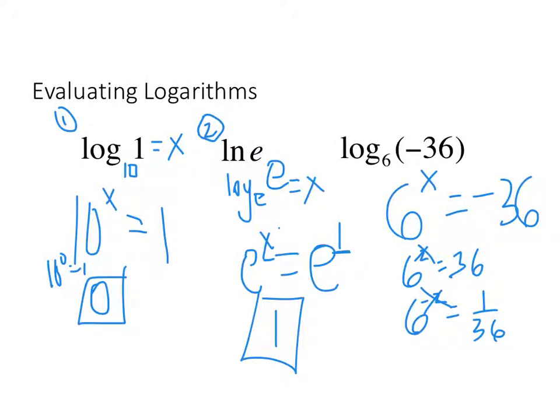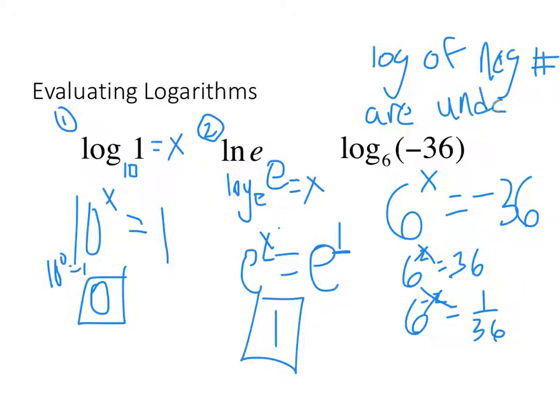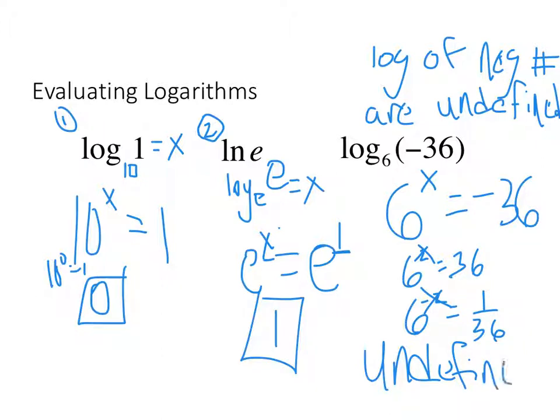The thing is, logarithms of negative numbers are undefined because it's not possible. So our answer for this one is just going to be undefined, because I can't raise 6 to a power to get a negative.